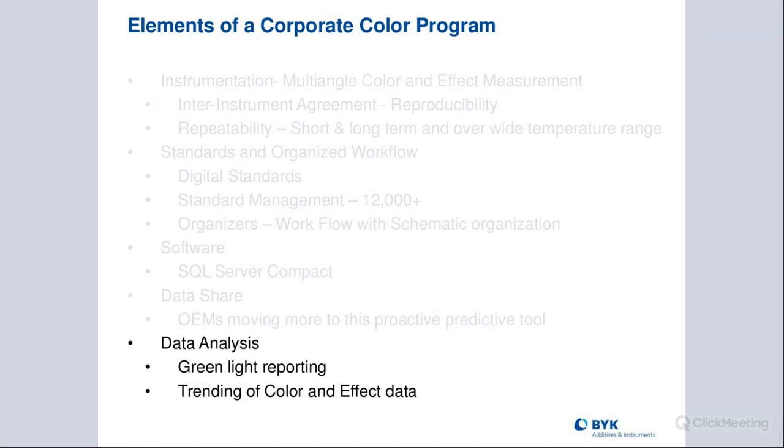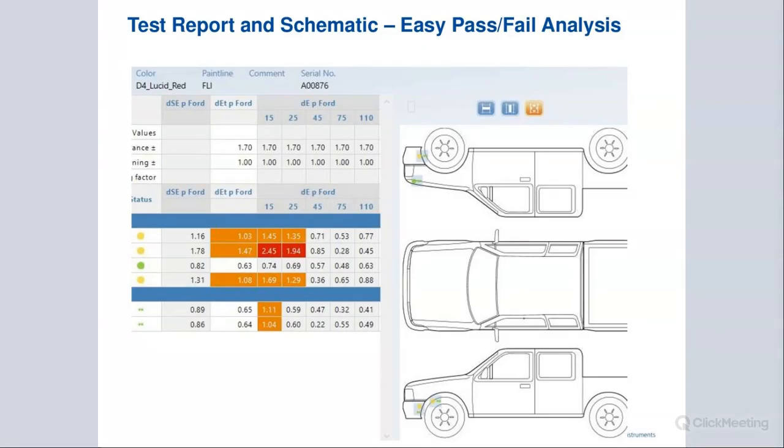Data analysis is the last element of the program before we can go full circle and come back into instrumentation. This is really green light reporting, making things easy to report, and trend analysis is really important for looking at differences within a plant or within the manufacturing process itself.